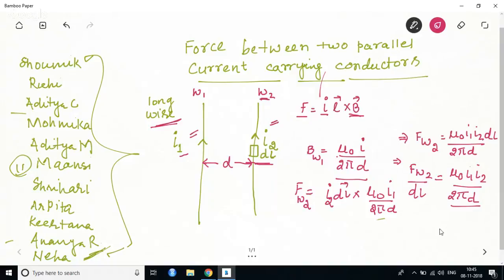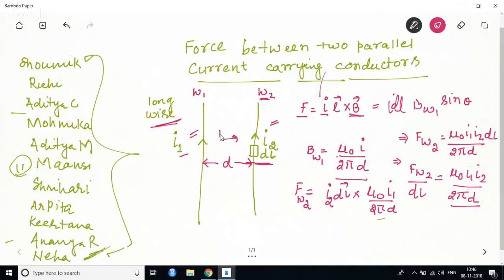Shamik, what is your question? What are you writing? Okay, great. What about the angle between the length and the field? If I write it down, it will be I dl B due to the first wire, and sine theta. Apply the right hand rule. Your finger should be in the direction of the first wire, and your palm in this direction.